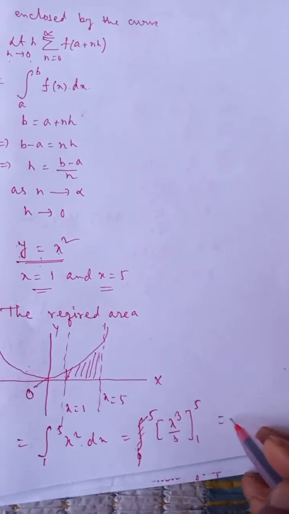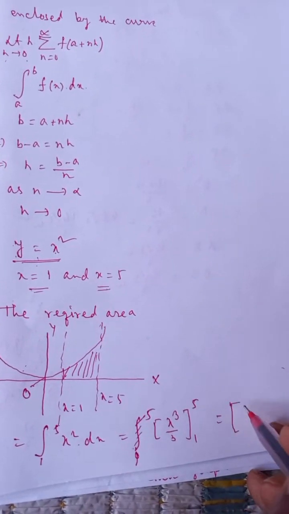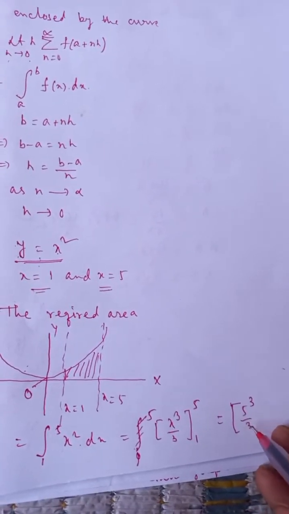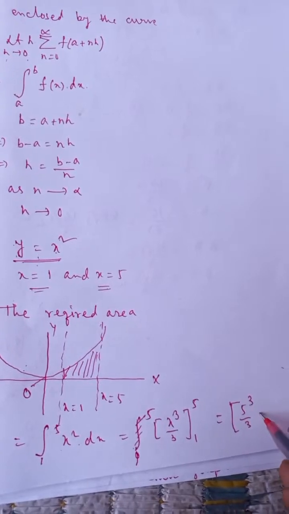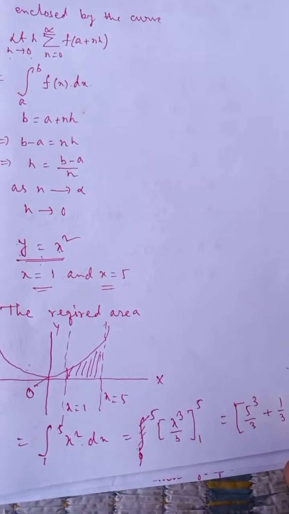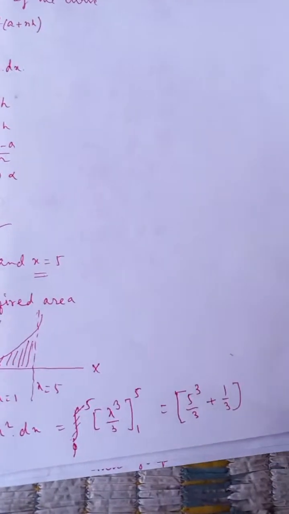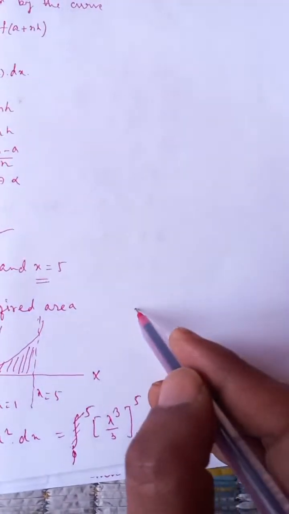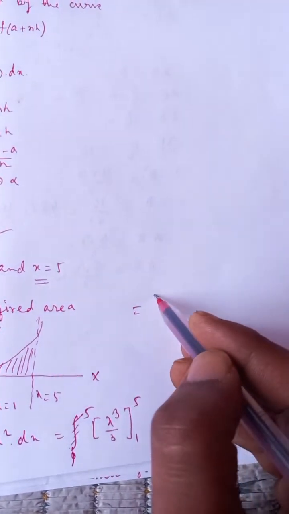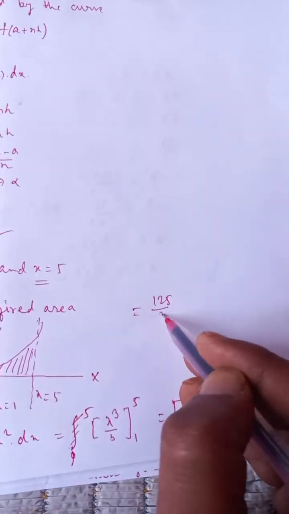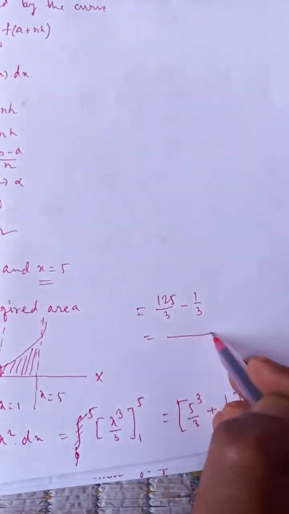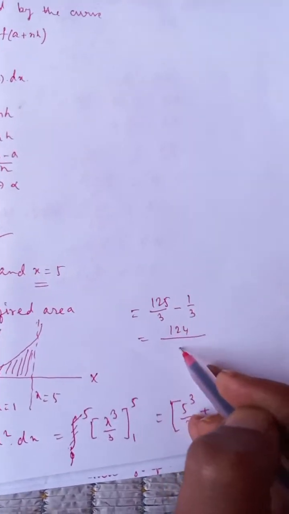So this will be 5 cube by 3 minus 1 by 3. 5 cube will be 125, so 125 by 3 minus 1 by 3. This will be 124 by 3.